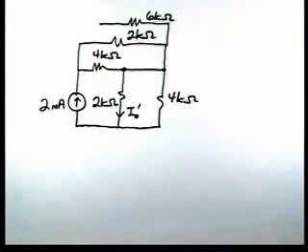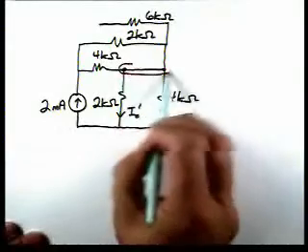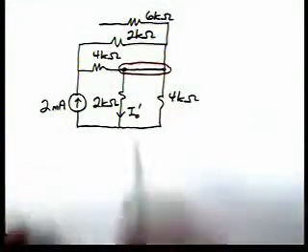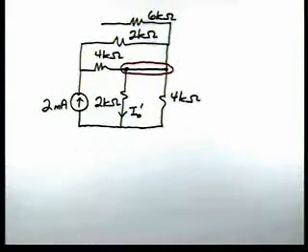So here's our circuit. And if we look, this is really one node, so these two resistors are in parallel. Okay, and really these two resistors are in parallel.